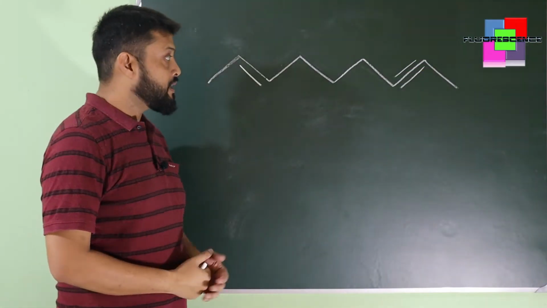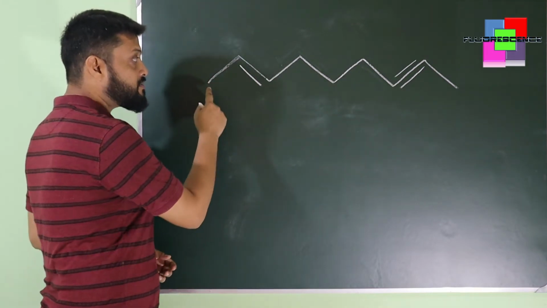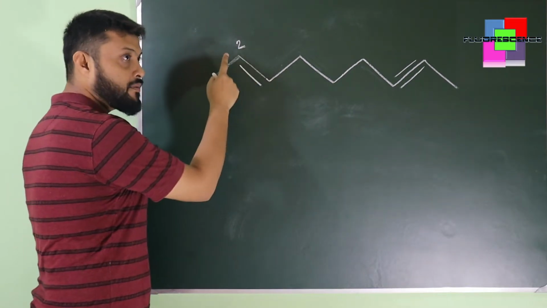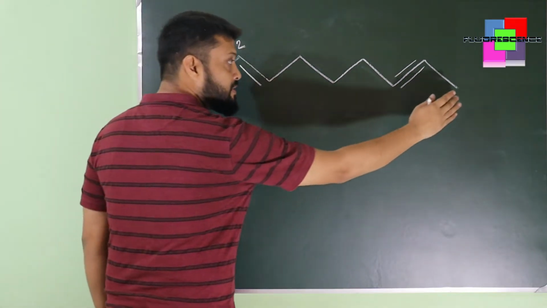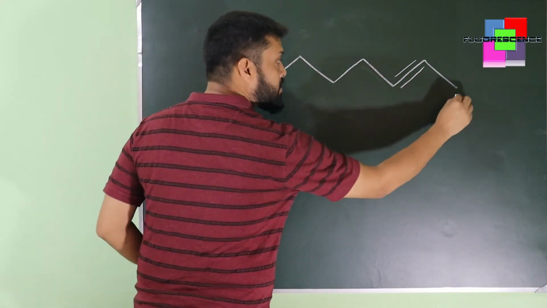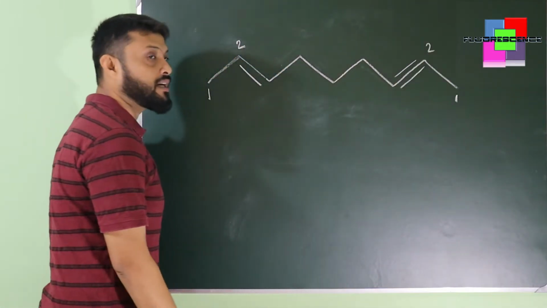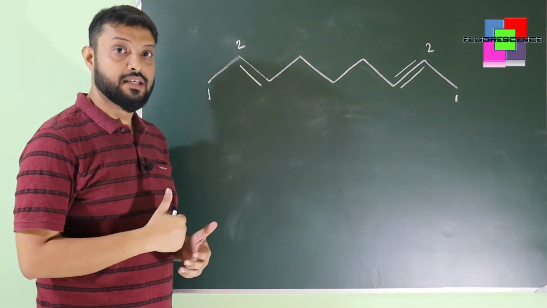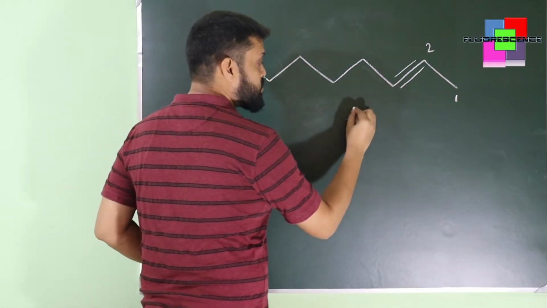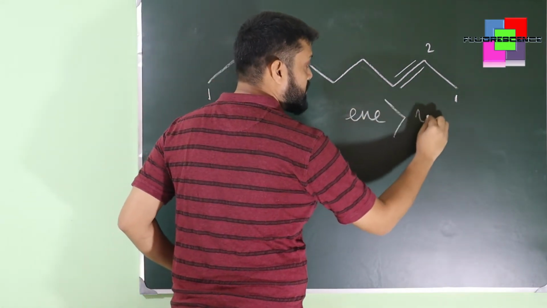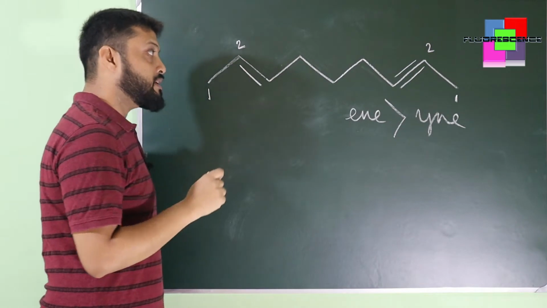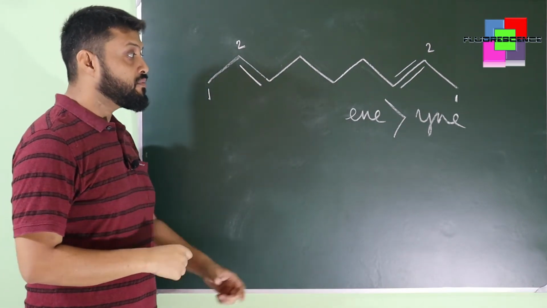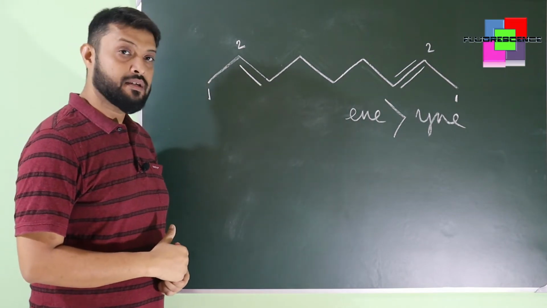Moving to the next one. Now in this compound, if we start from the left side, the double bond is starting from the second carbon. Now if we start from the right side, see, the triple bond is starting from the second carbon. When the locants of the double bond and triple bond from either side are equal, you will give priority to the double bond. I repeat, when the locants of the double and triple bonds are identical from either side, you will give more priority to the double bond than the triple bond.